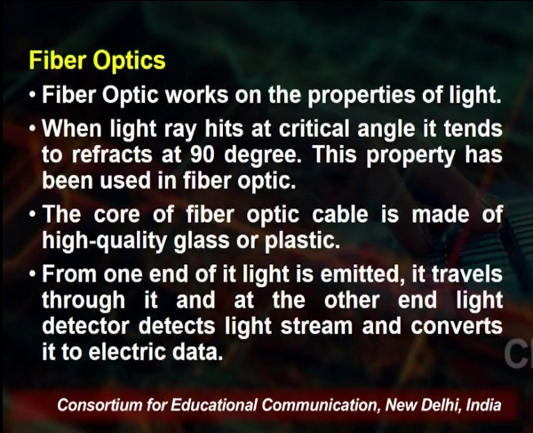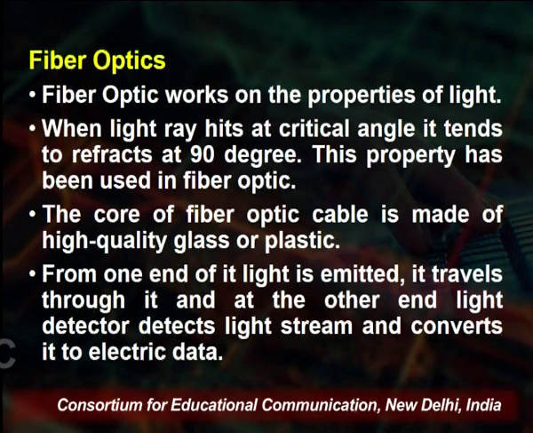From one end of the fiber optic, the light is emitted, it travels through, and at the other end a light detector is placed, which detects the light stream and converts it into electric data.